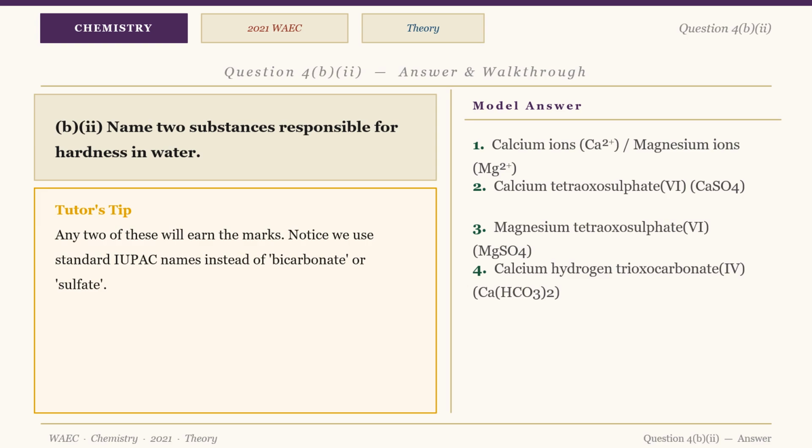So those are these. So now these 2 and 3 are what causes permanent hardness, while the last one, 4, is what causes temporary hardness. It can also be magnesium here instead of calcium, magnesium hydrogen trioxocarbonate 4. So let's move on to the next one.